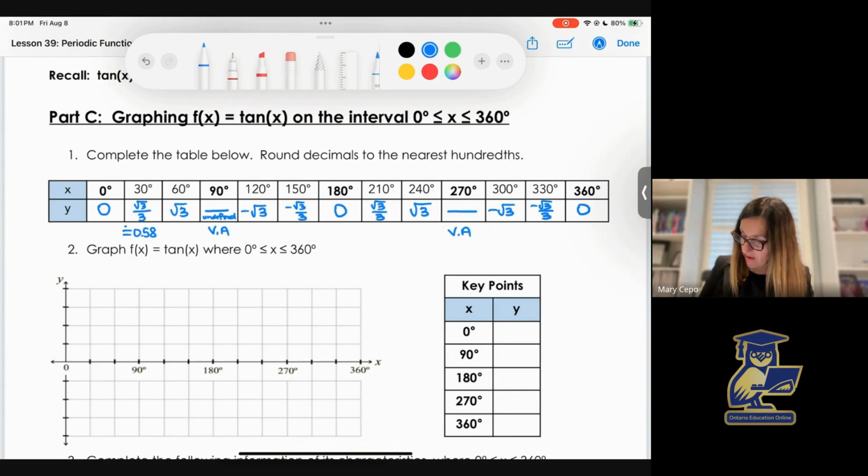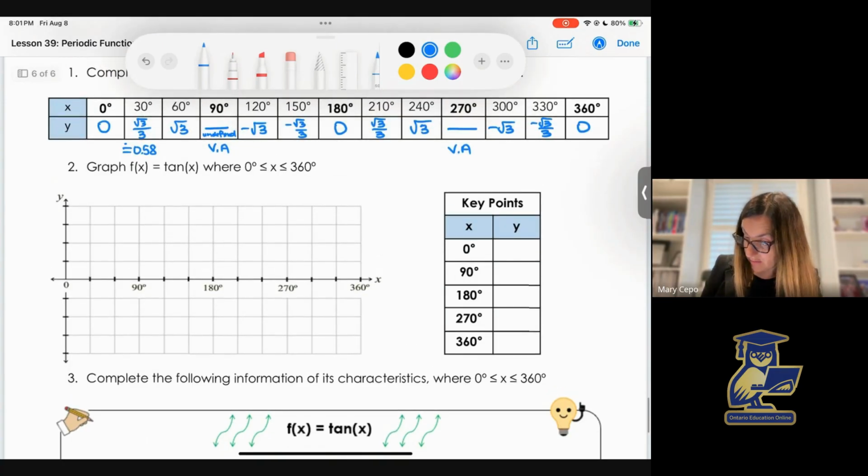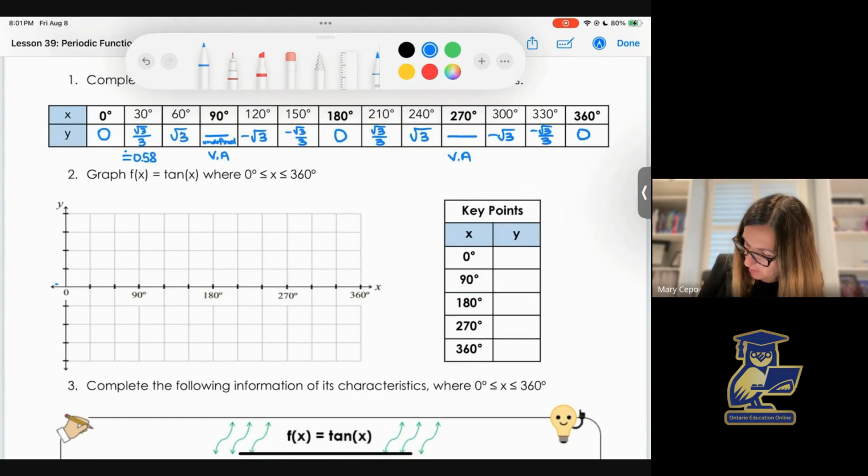So we're going to graph f of x on the following grid. And again, the scale this time is going to go pretty high, so we're just going to go up by 0.5. So 0, 1, and 2, negative 1, negative 2. Okay, so let's start with those vertical asymptotes.